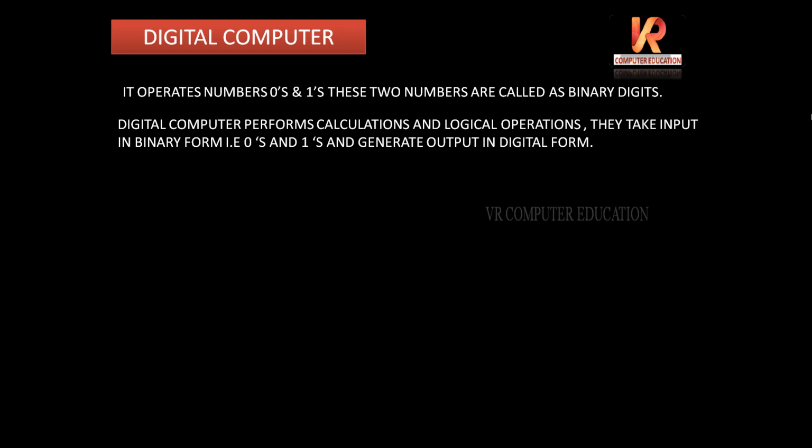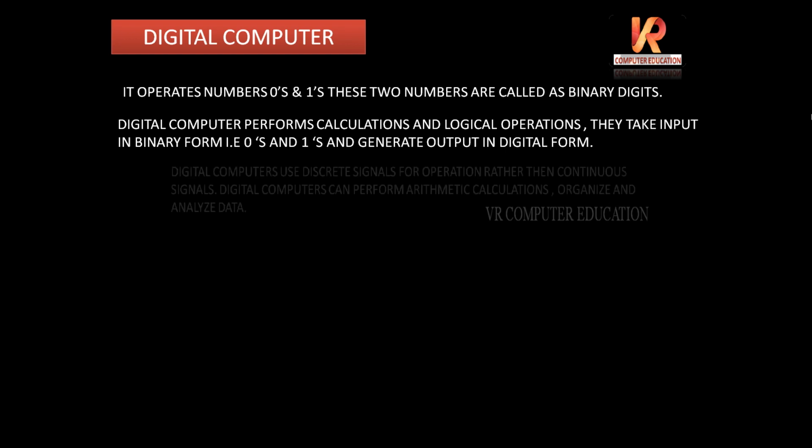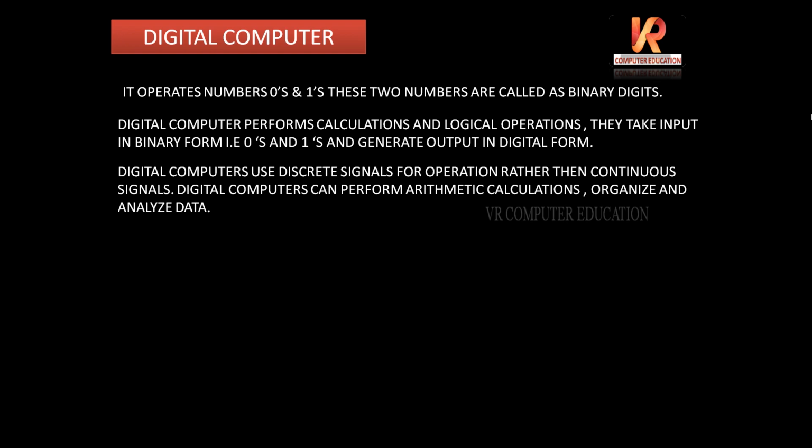What will they take as input? They take input in binary form, that is zeros and ones, and generate output in digital form only. In analog, we have seen it takes physical analog signals and also gives analog as output. Next, digital computers use discrete signals for operation rather than continuous.